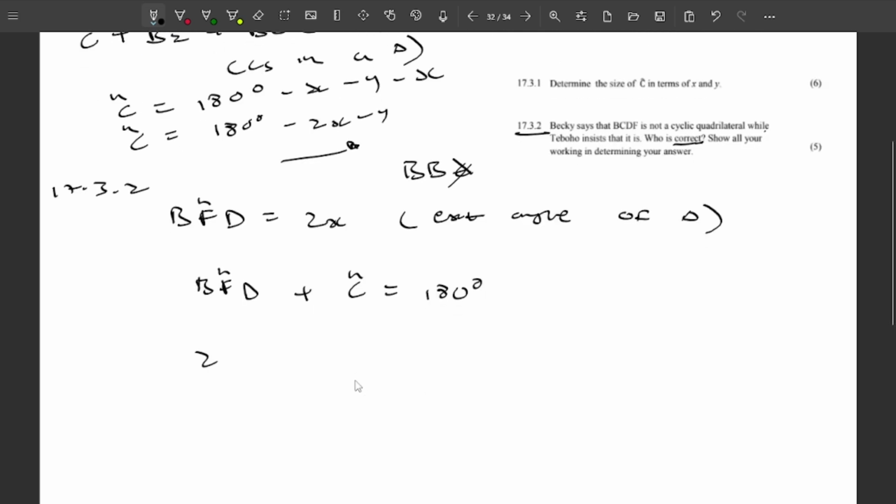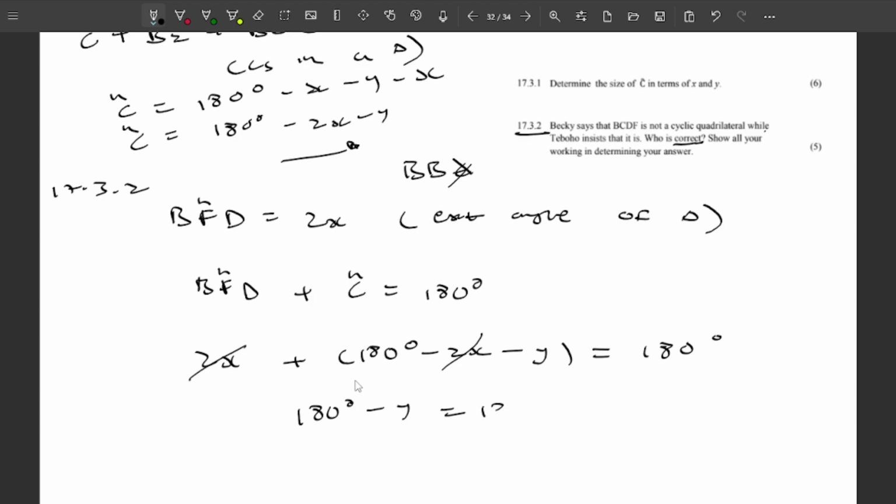And this is 2x plus 180 degrees minus 2x minus y. Okay, now obviously from the looks of it, 2x and 2x are going to cancel, and we're going to be left with 180 degrees minus y, which is not equal to 180 degrees.